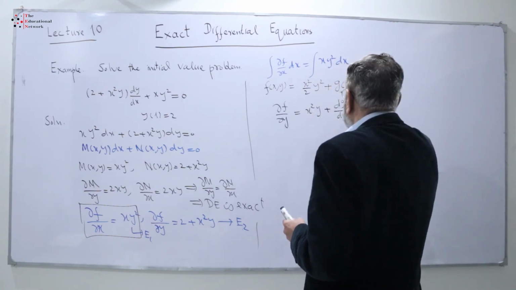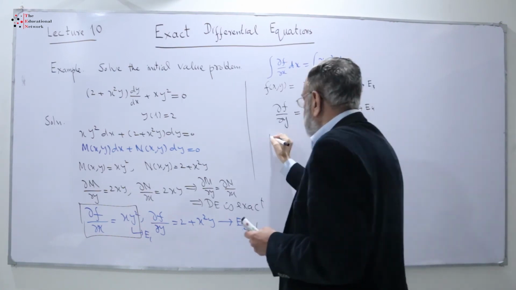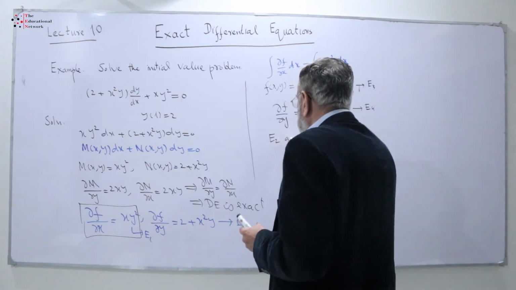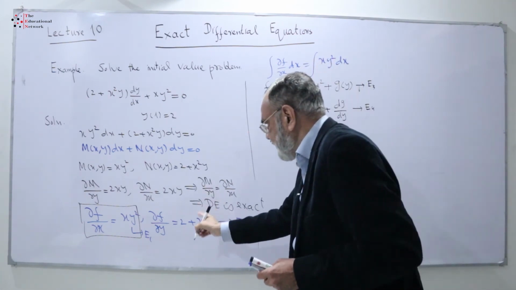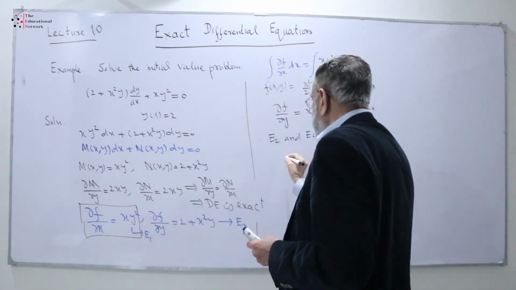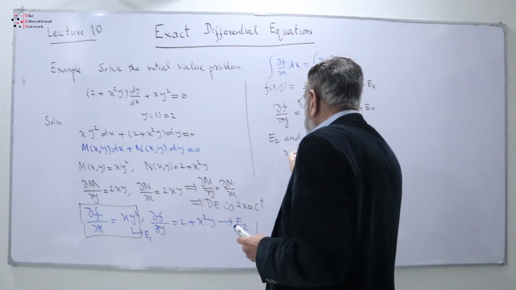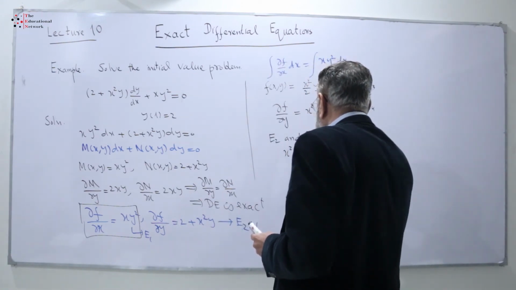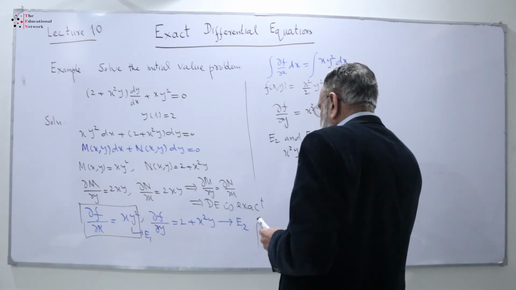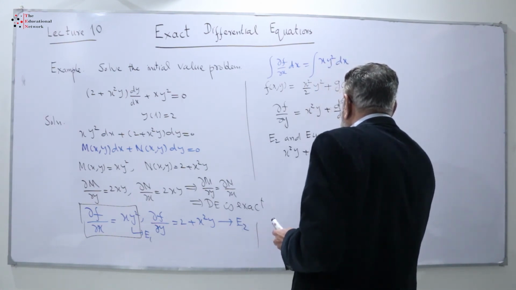So this is my equation 4. From equation 2 and equation 4, I put the value of partial f by partial y here. I get x square y plus dg by dy is equal to 2 plus x square y.